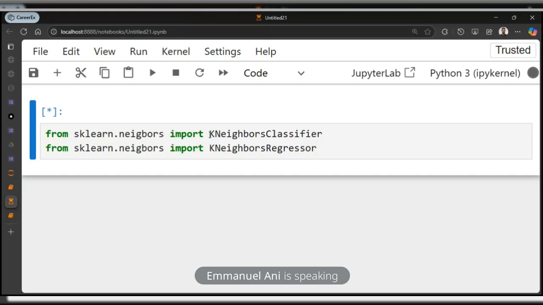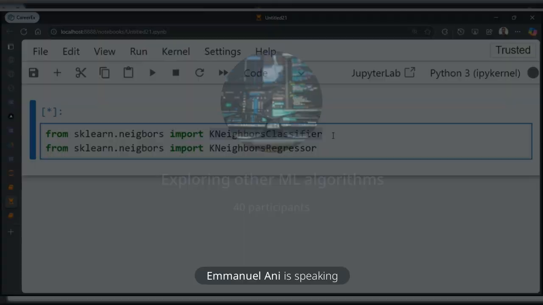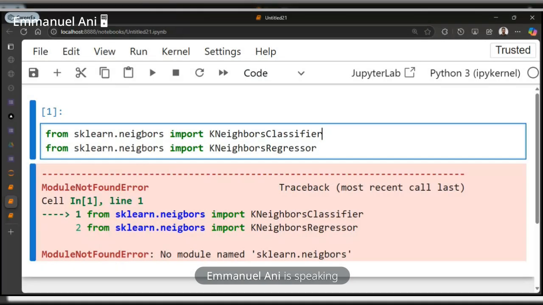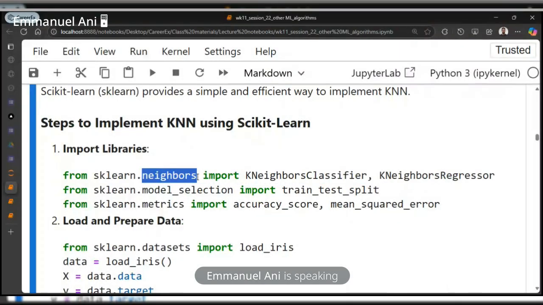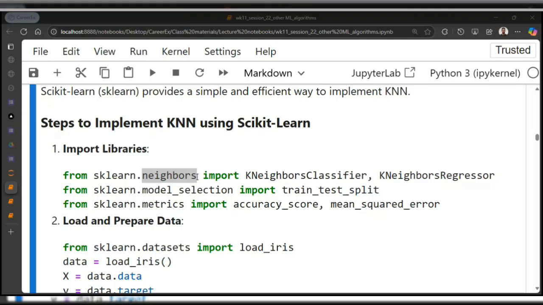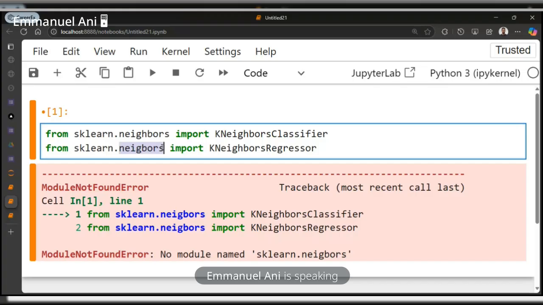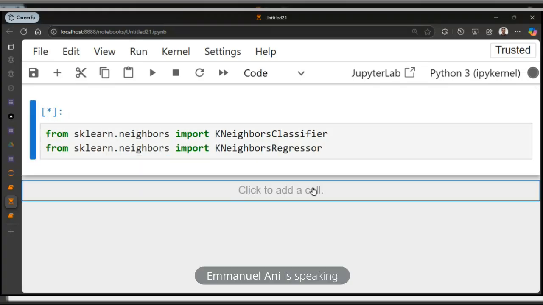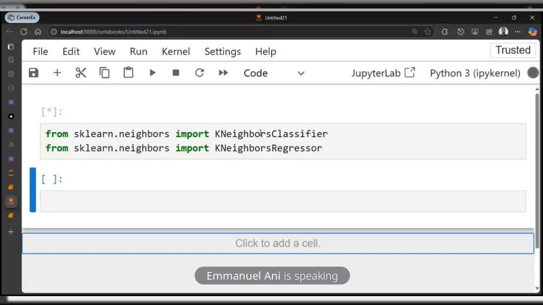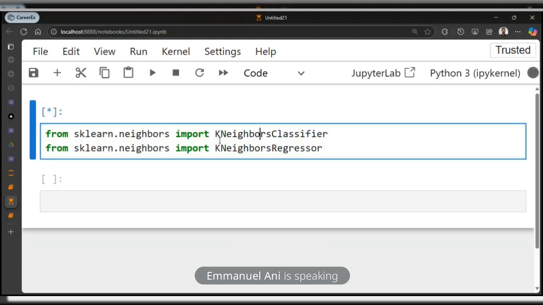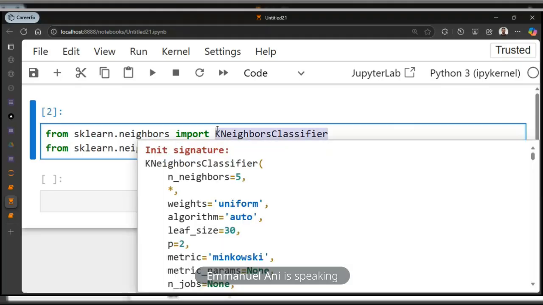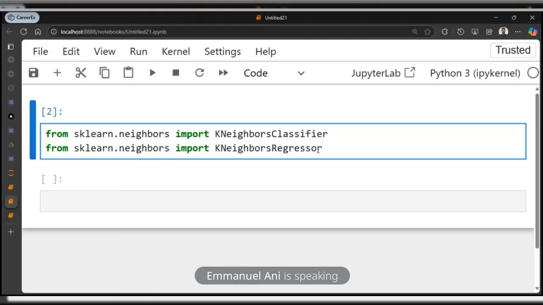You can use KNN classifiers. Let me just copy it. Alright. So if you import it, you will see that the classifier object here can only be used for classification tasks, while the regressor object here can only be used for regression tasks.